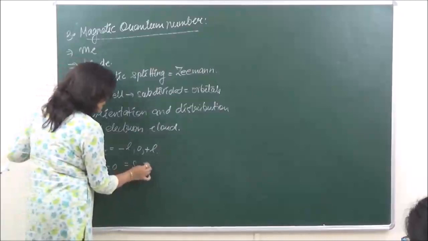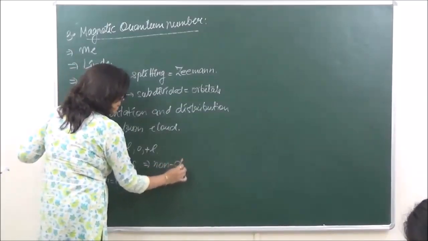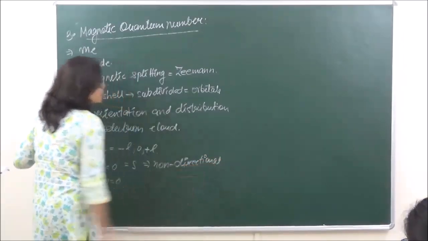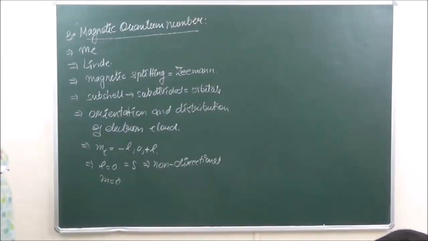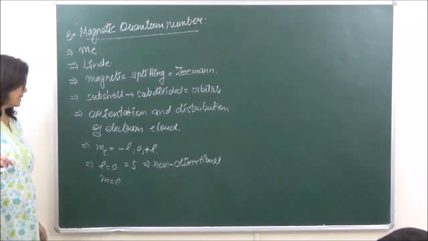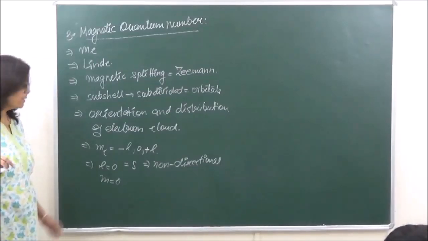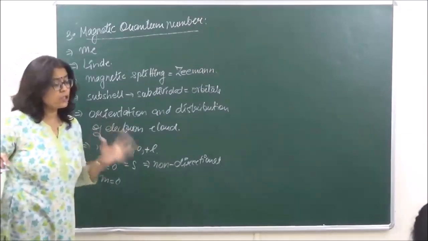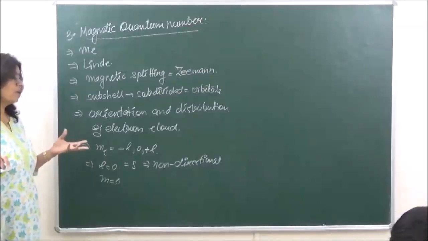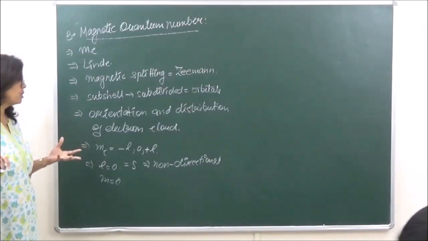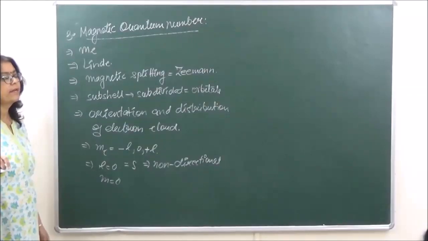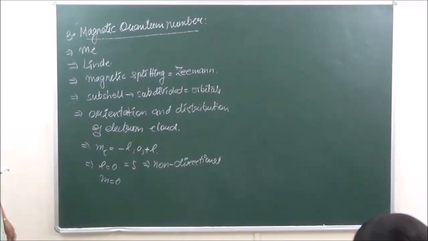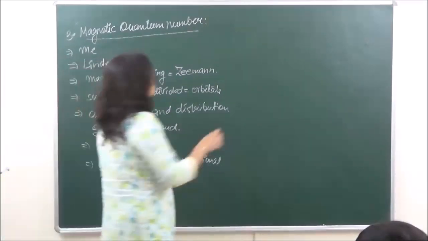And for this subshell, we say that it is non-directional. Why? Because the value of 0 for m suggests that it has the same orientation in all the three coordinates, so it has to be non-directional. Clear?